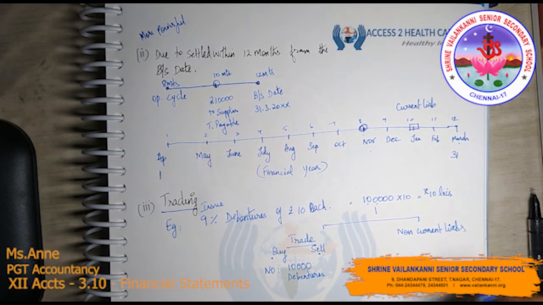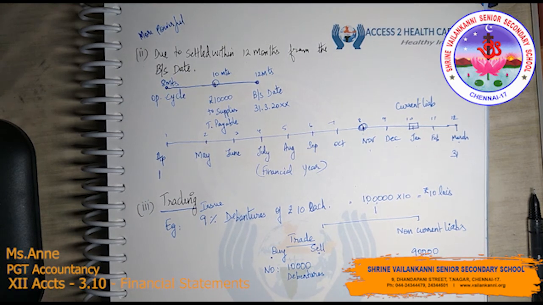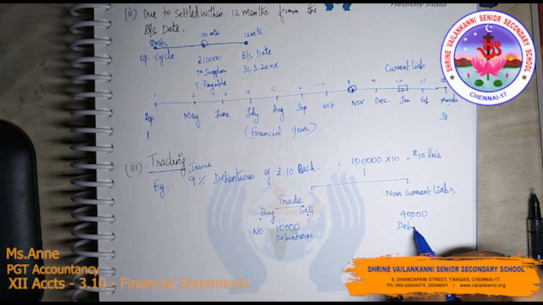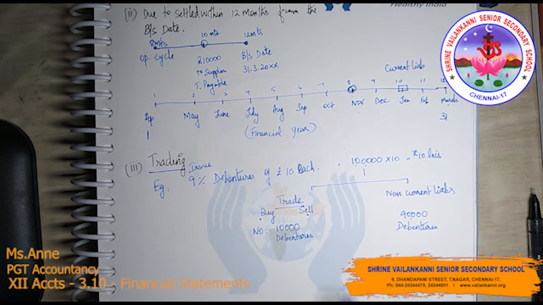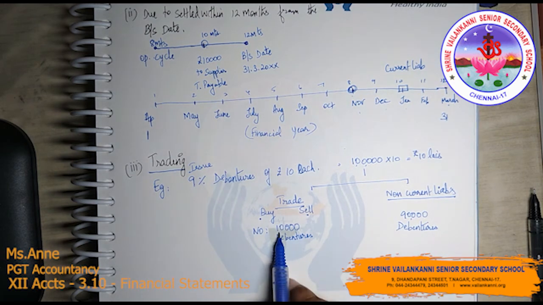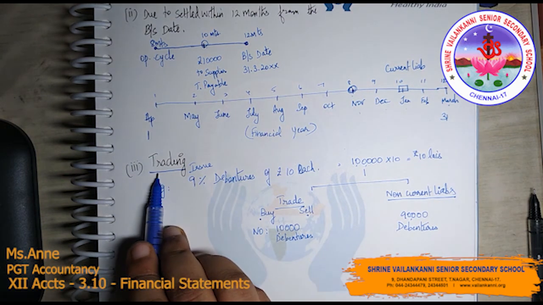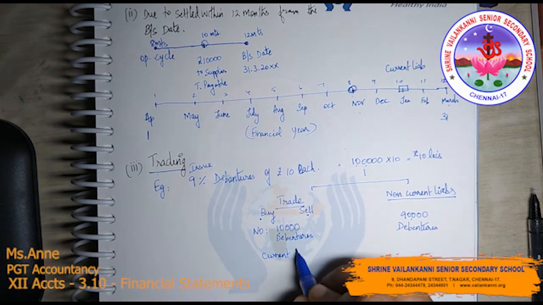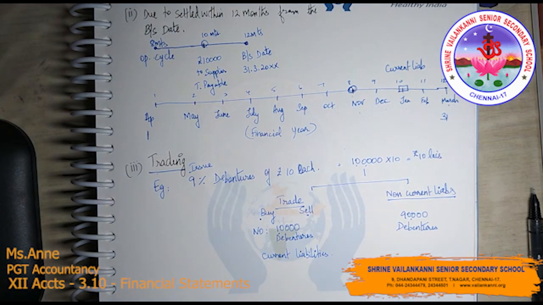liabilities. Ma'am, can the company sell and trade in its own shares and own debentures? Yes, it can definitely do it. So 90,000 debentures are non-current liability. The 10,000 are ultimately for trading purpose, so they will be treated as current liabilities.